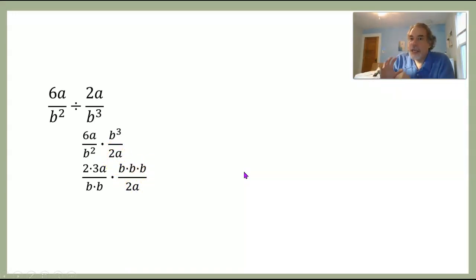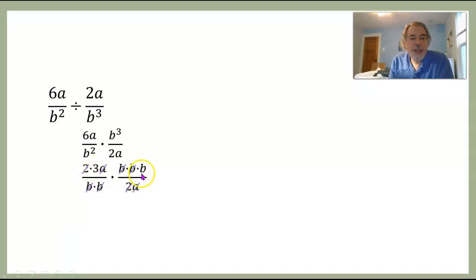Now, here's the canceling part. What factors appear as part of the numerator and the denominator that we can cancel out? We can do that with the 2's and with the a's and with a couple of the b's. And what's left?